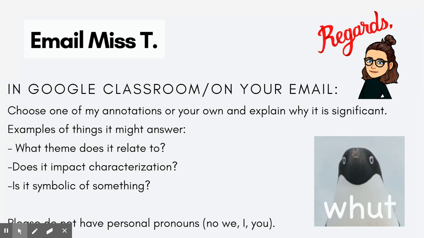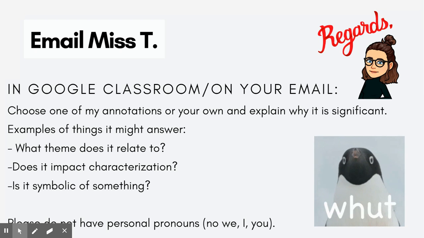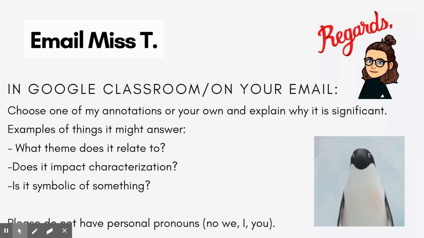So choose one of my annotations or your own and explain why it is significant. If you made annotations, you can use one of your own if you would like. We're also going to roll through my annotations. Examples of things you might answer in why it is significant: does your annotation relate to a theme?